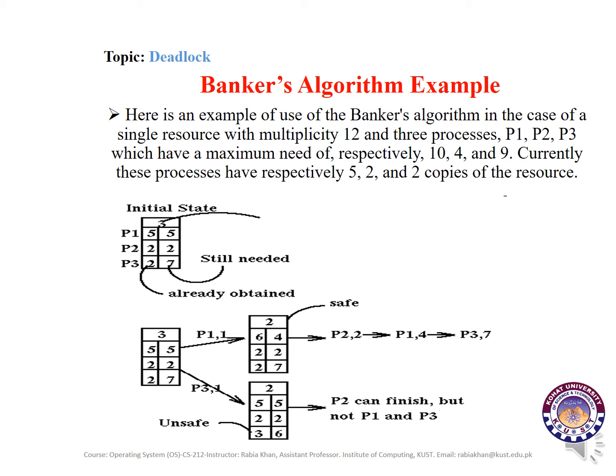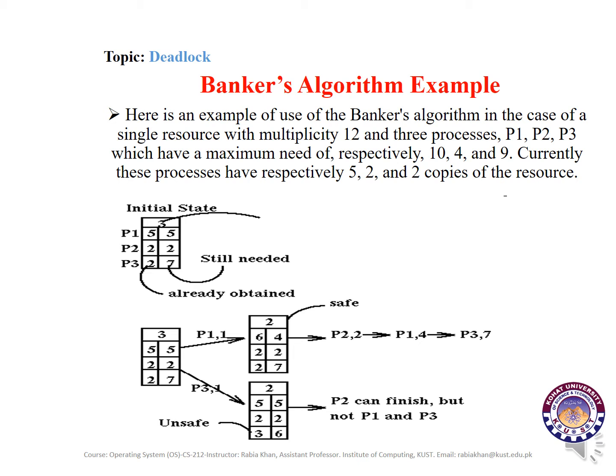P1 would require 10 instances of the resource, P2 would require 4 instances, and P3 would require 9 instances. If we add all these demands, that would be more than the available number of instances. The available number of instances is 12 for the resource, while the total demand of the 3 processes makes 23. So practically, the demands are unable to be fulfilled at once.